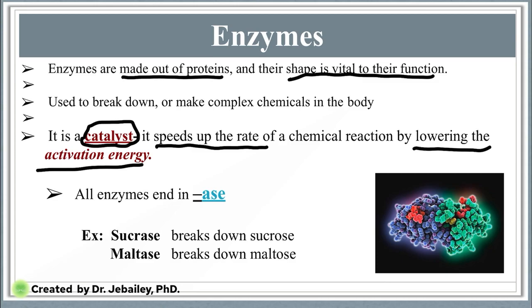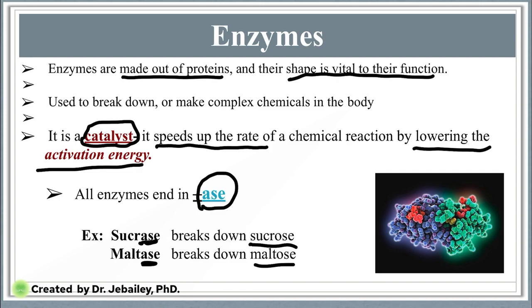Now here's a trick when it comes to tests. All the enzymes, at the end of the word, end with "ase." So every time you see the ending "ase," automatically you should know it's an enzyme. Example, we have sucrase right here. It breaks sucrose, so it's sucrase. Maltase breaks maltose. Lactase breaks down lactose.